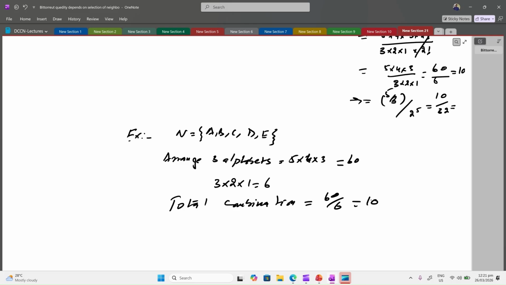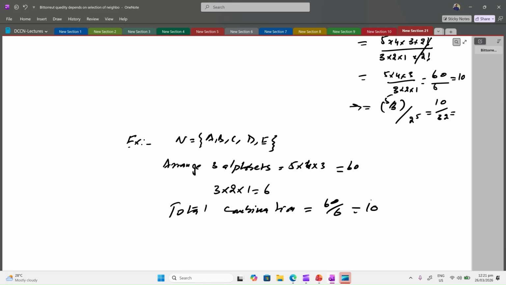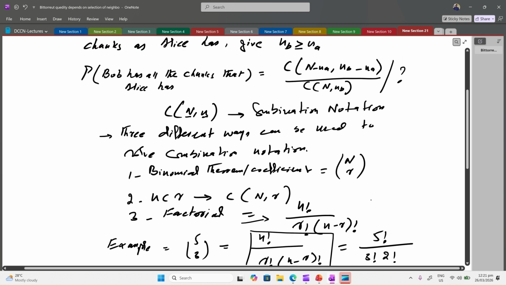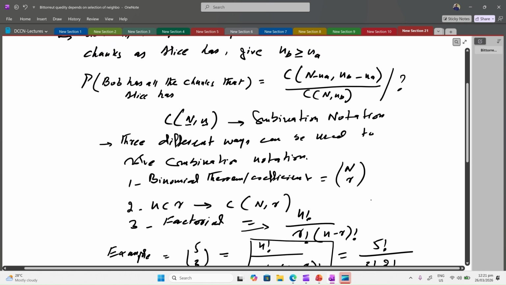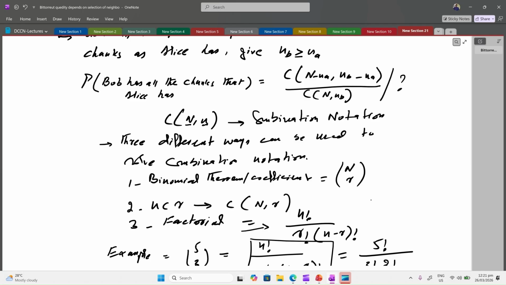So what I want to say is that these probabilities can be calculated with combination notation, right? And the combination notation can be solved using either the binomial theorem or the nCr function, or most importantly, factorial, which you are familiar with.